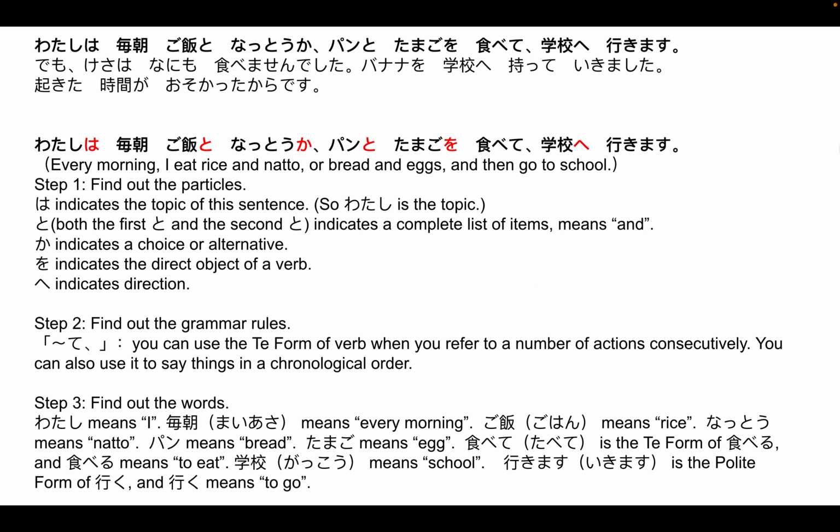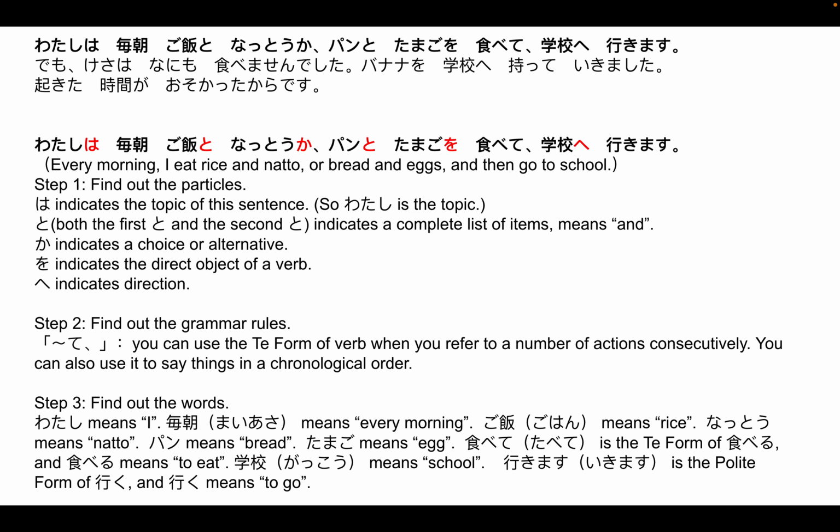私は毎朝ご飯と納豆かパンと卵を食べて学校へ行きます。Wa indicates the topic of this sentence, so watashi is the topic. To, both the first to and the second to, indicates a complete list of items, means and. Ka indicates a choice or alternative.